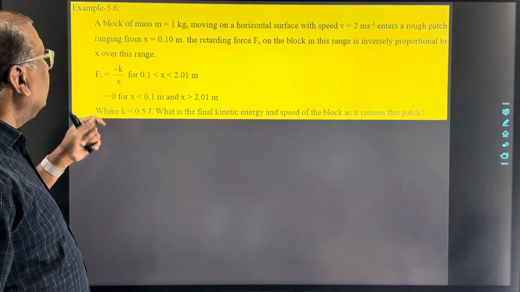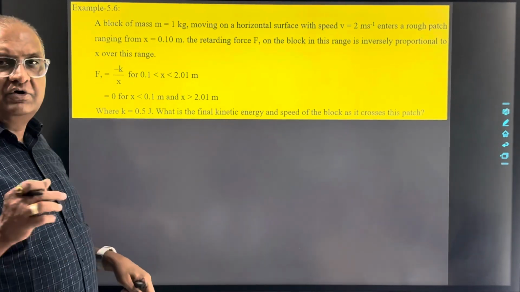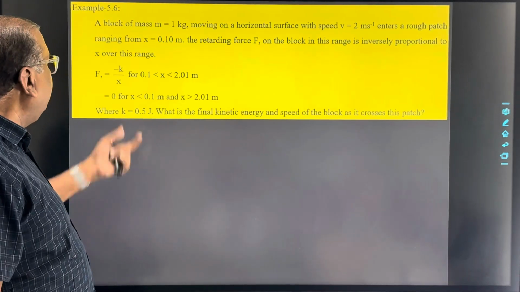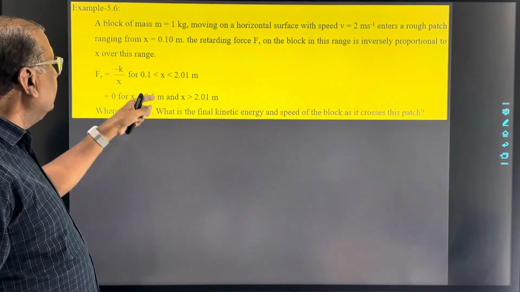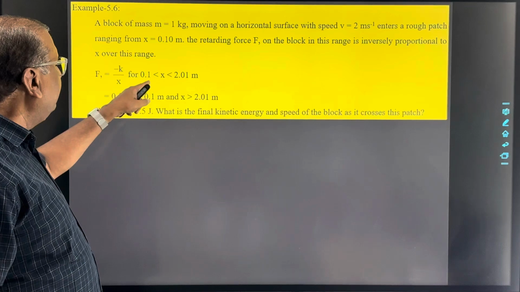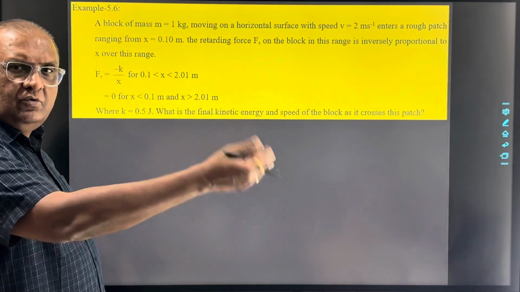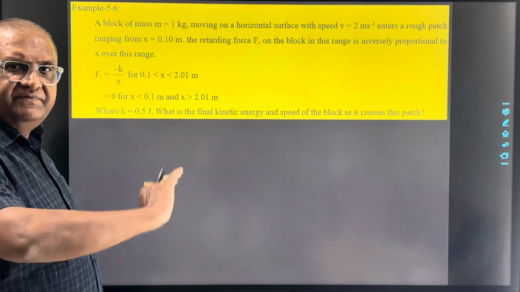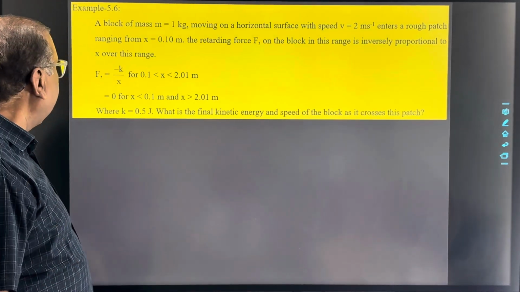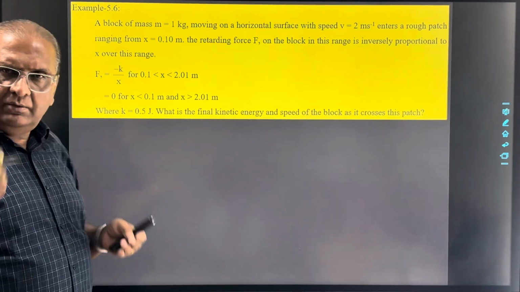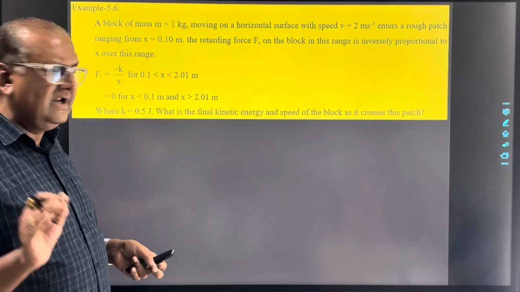It implies that here the retarding force that is acting only in this particular range starting from 0.1 meter to 2.01 meter. After 2.01 meter there is no retarding force, and before 0.1 meter there is no retarding force.